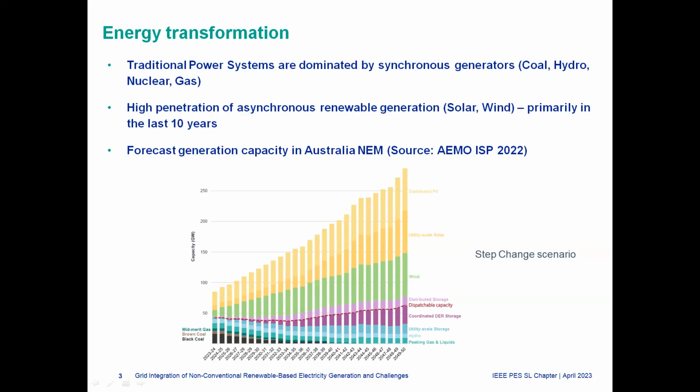Storage, you can see gradually increasing. And distributed energy storage, again, this is more energy storage batteries, but mostly in distribution networks, residential batteries, which are more coordinated. That means there can be batteries linked to a network. That network operator can control the battery, whether they are charging or discharging, depending on the system conditions.